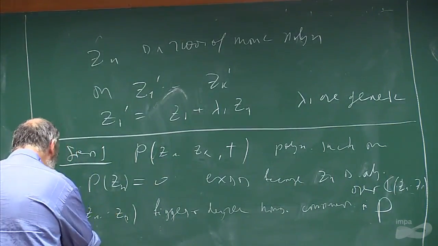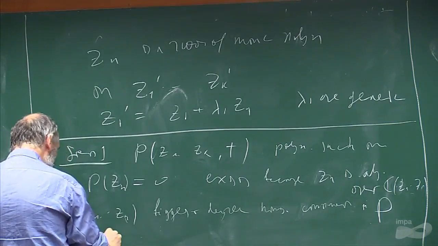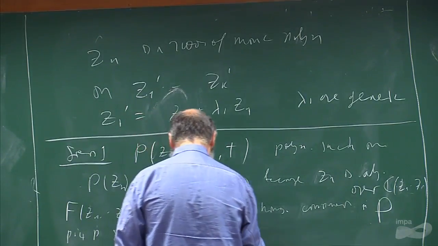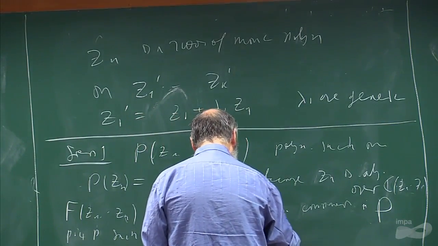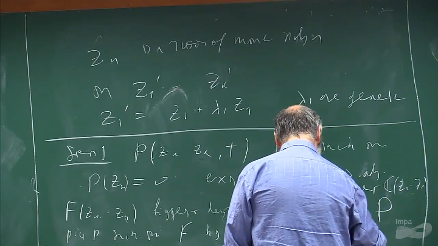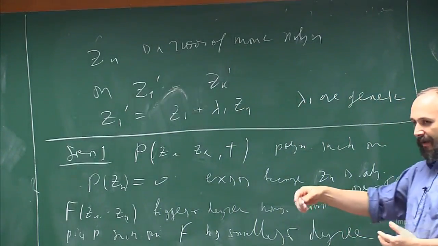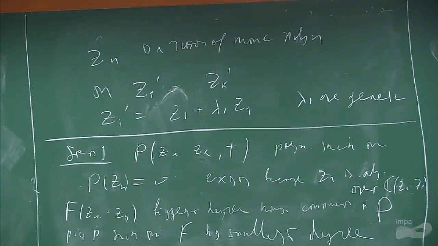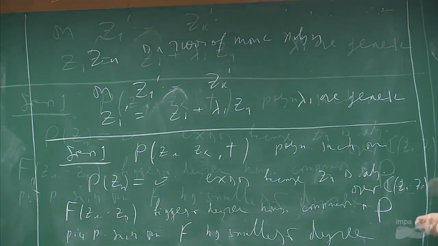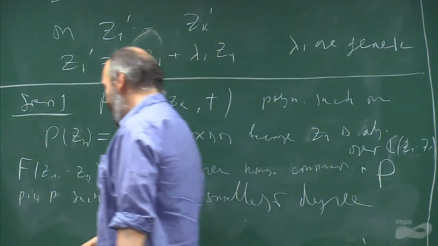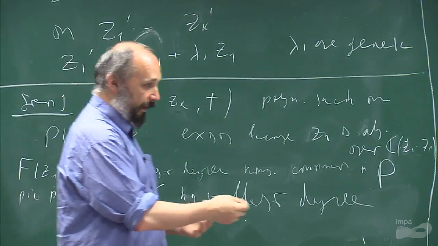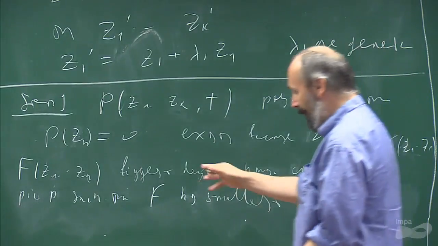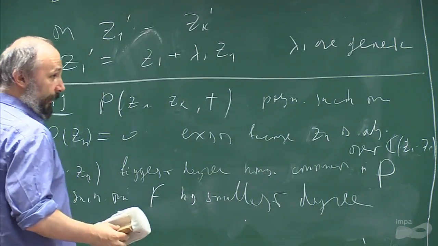And I pick P such that f has smallest degree. A priori, the map from polynomials to OX is not injective, so you have a choice here. But we choose it in such a way that the homogeneous part is non-zero and of the smallest possible degree.